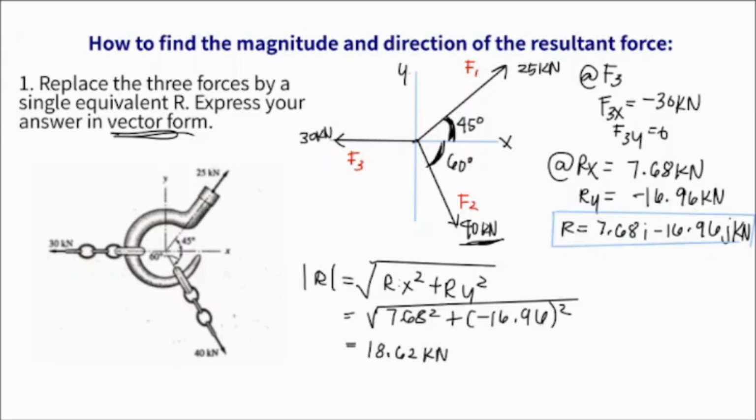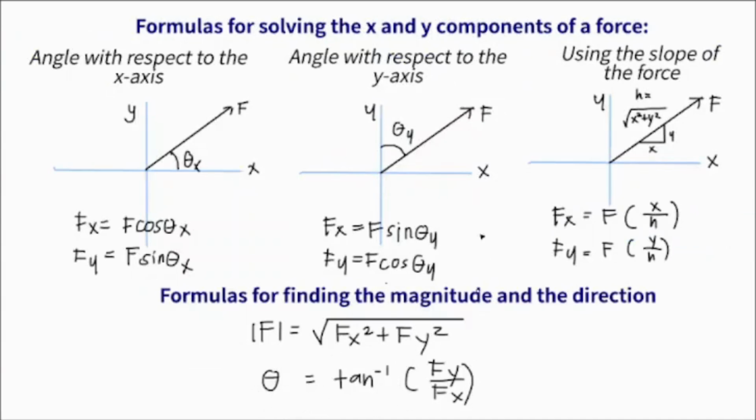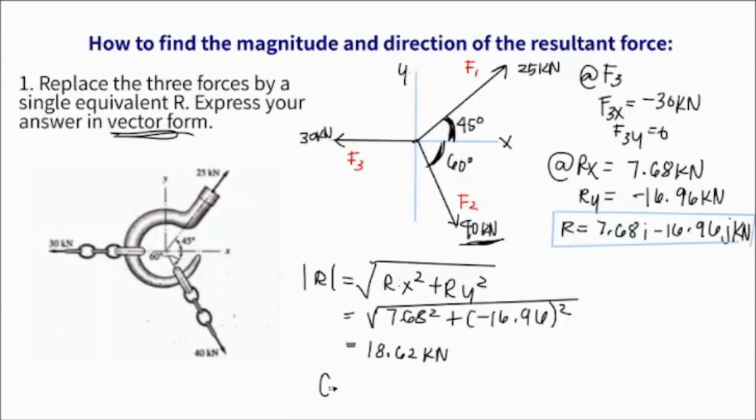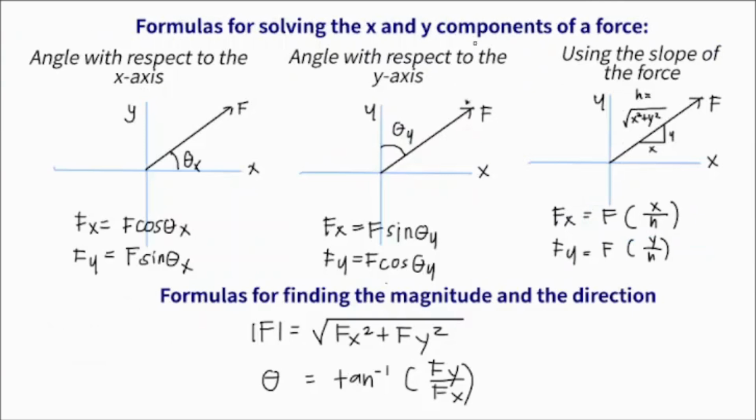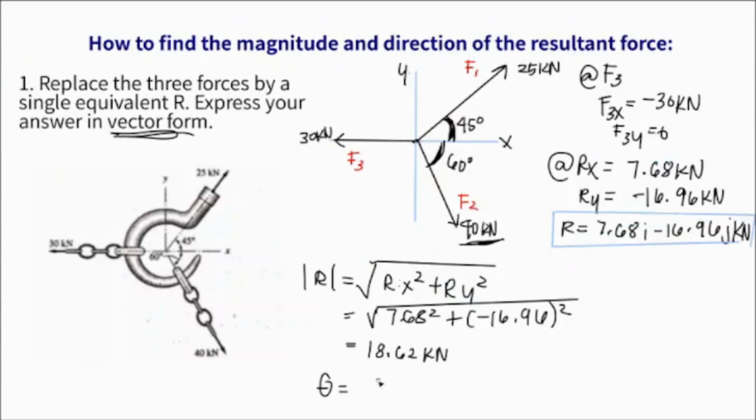And to find the direction, which is this one, the theta, the solution is tan negative 1, inverse tan Fy over Fx. So that's Ry over Rx. Inverse tan of Ry over Rx. So, inverse tan of negative 16.96, but let's not include the negative.